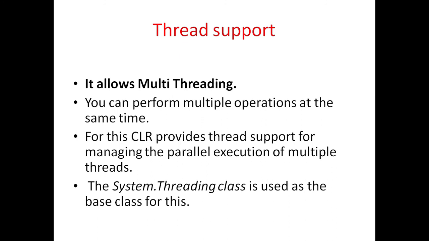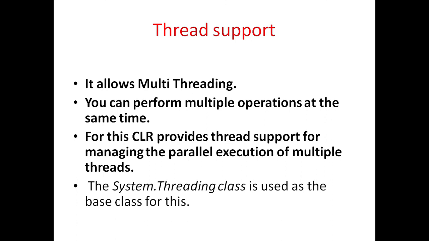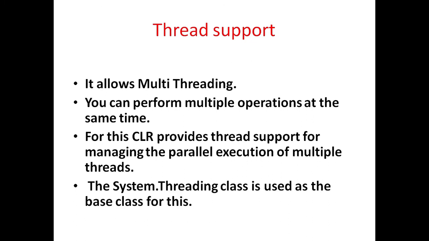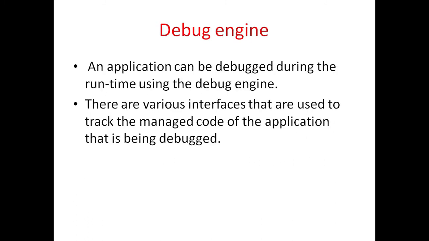The operating system divides processing time not only among the different applications but also among each thread within an application. That means you can perform multiple operations at the same time. For this, CLR provides thread support for managing the parallel execution of multiple threads. The System.Threading class is used as the base class for this.